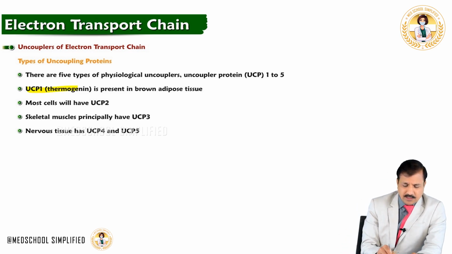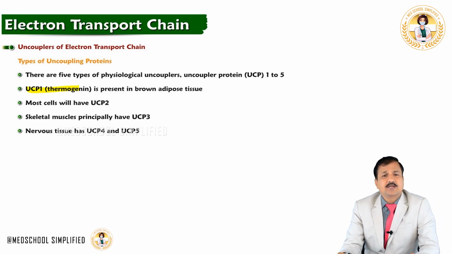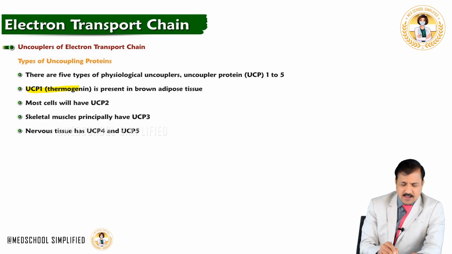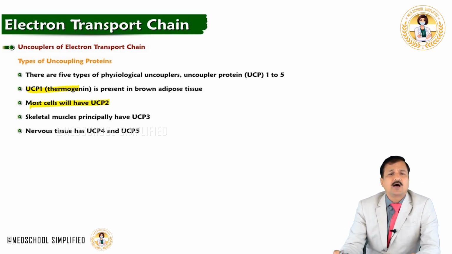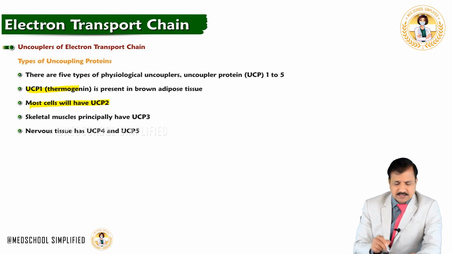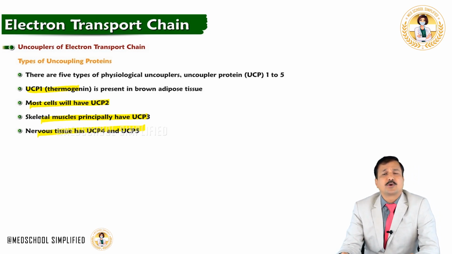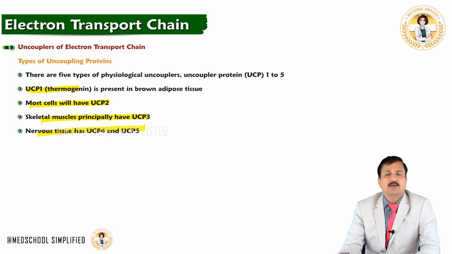UCP1 is a thermogenin present in brown adipose tissue. We are going to go into a little more detail on this in the subsequent slides. Most cells in our body have uncoupling protein 2, skeletal muscles have uncoupling protein 3, and nervous tissue has uncoupling protein 4 and uncoupling protein 5.